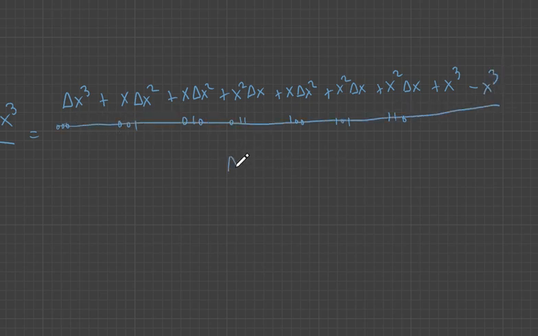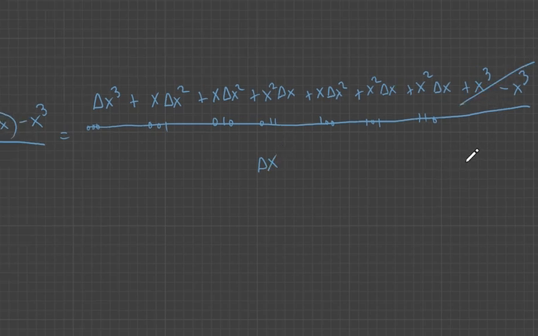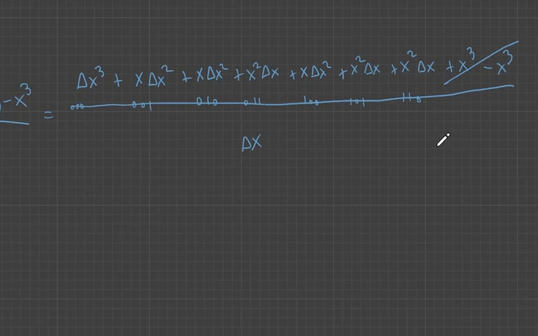All over delta x. So x cubed cancels out, and then all these have a factor of delta x.